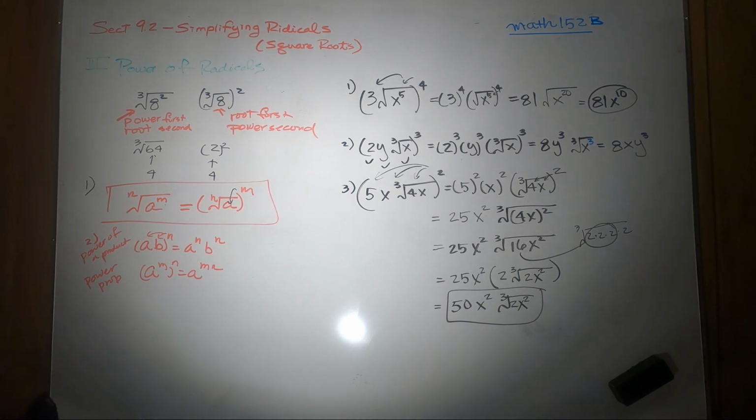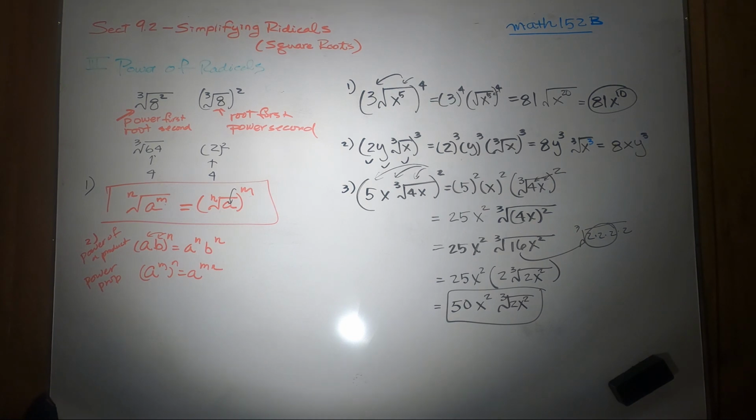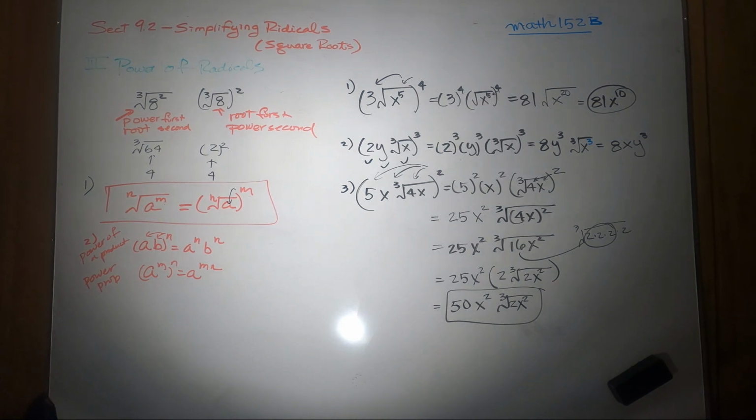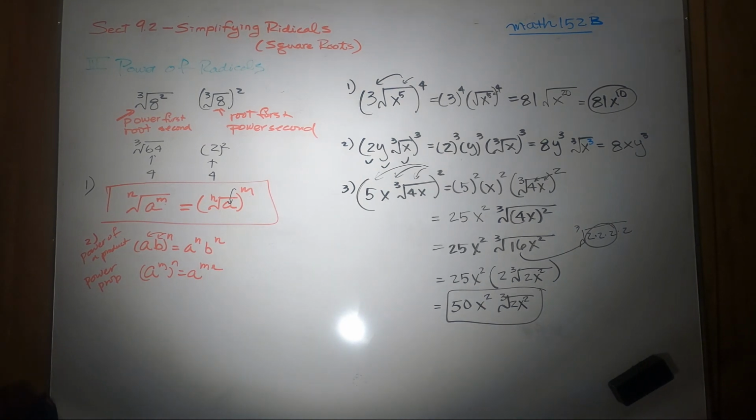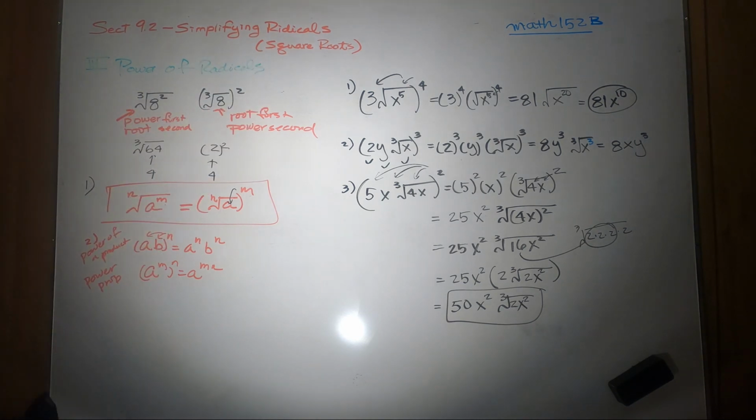Which 4 rules? No negatives inside the radicals, no roots inside the radicals, no fractions inside the radicals, and no radicals in the denominators. You need to remember those. That would be the rules for simplifying radicals.